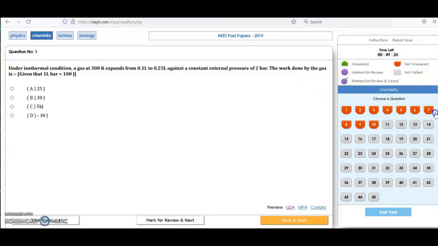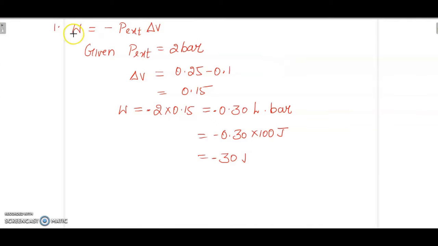Work done is equal to minus P external into delta V, and P external is already given in the question. Delta V is 0.25 minus 0.1, which is equal to 0.15. So work done is equal to minus 0.30 liter bar.